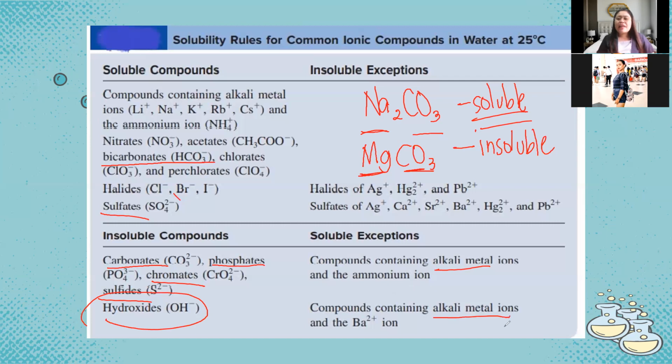Kapag alkali metals ang partner ni hydroxide, alkali metals, yung mga metals na nasa group 1A, and also the barium ion, pag ipapartner natin siya kay hydroxide, magiging soluble siya. All the other hydroxides are insoluble in water. So again, I hope that is clear. Okay? Questions so far?